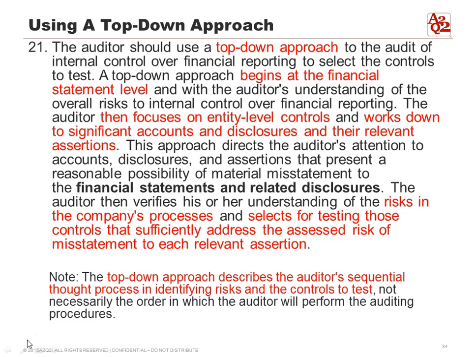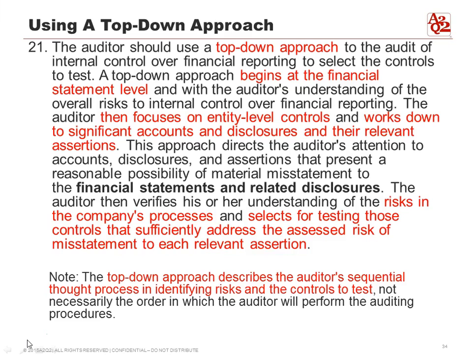It says you start with the financial statement level. So look at your balance sheet, look at your P&L, look at your statements of cash flow at that level, and with our understanding, then you drop down to the next level. At the financial statement level, where we're focused on internal controls, that means that you don't have to look at every single GL account. Financial statement level is different than GL level.